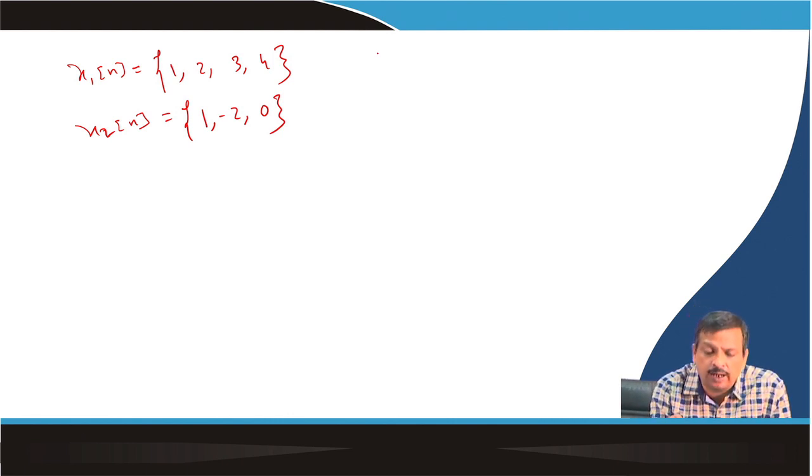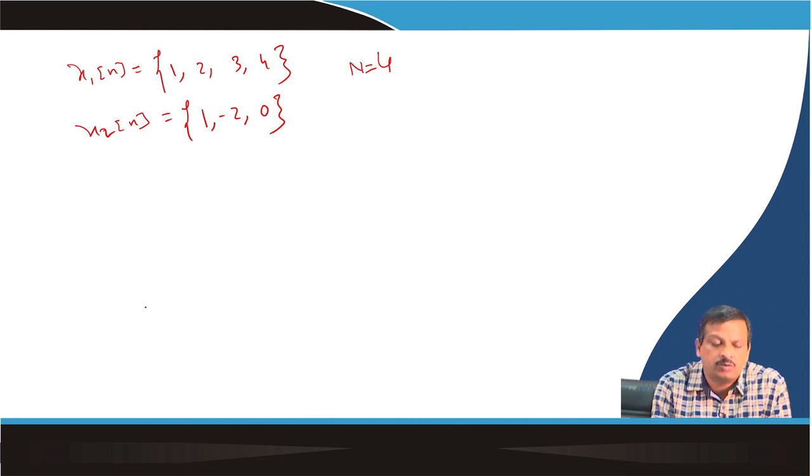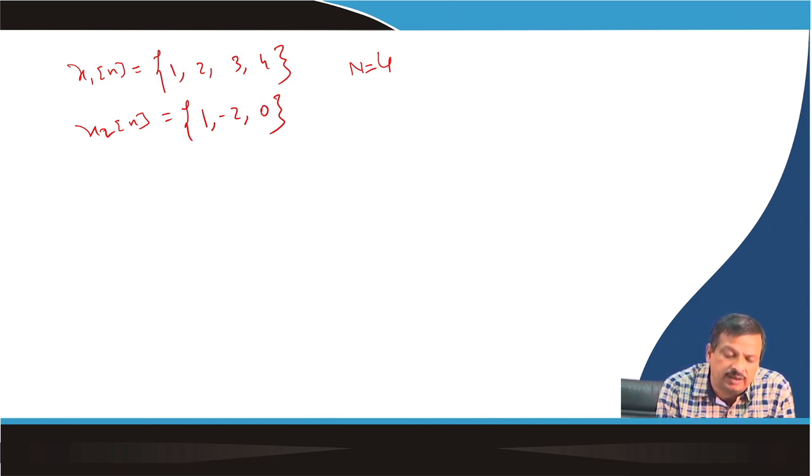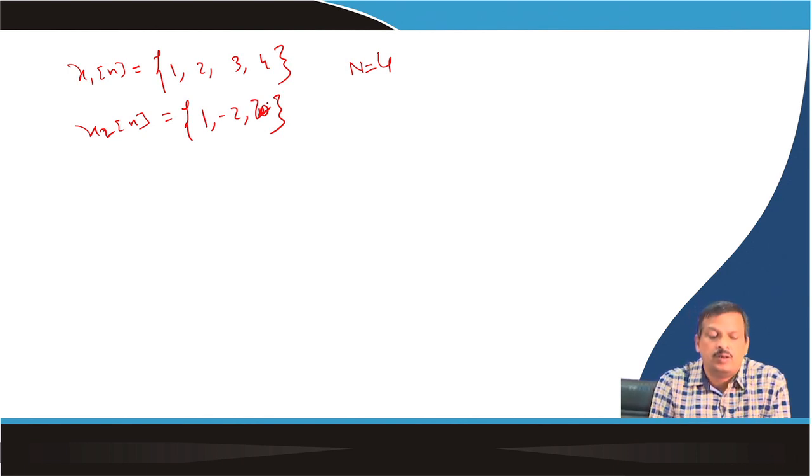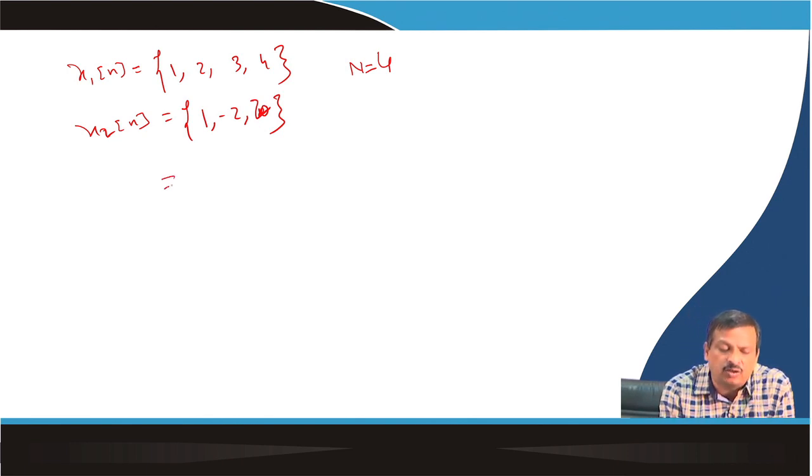I have to calculate with N equal to 4. The length is 3, so I have to pad one 0: 1, minus 2, 2, 0.